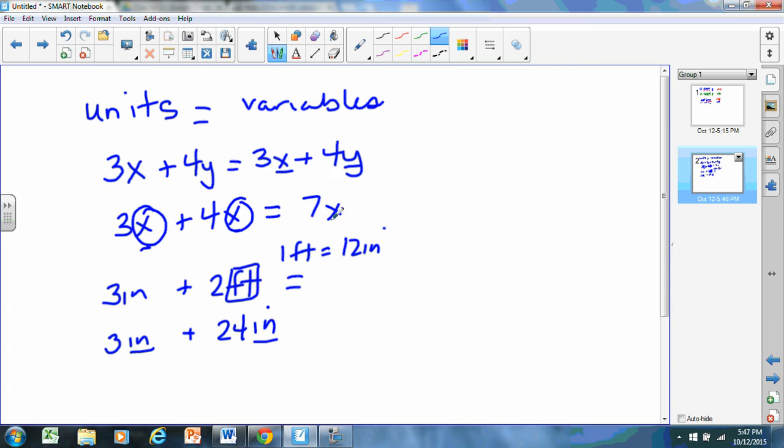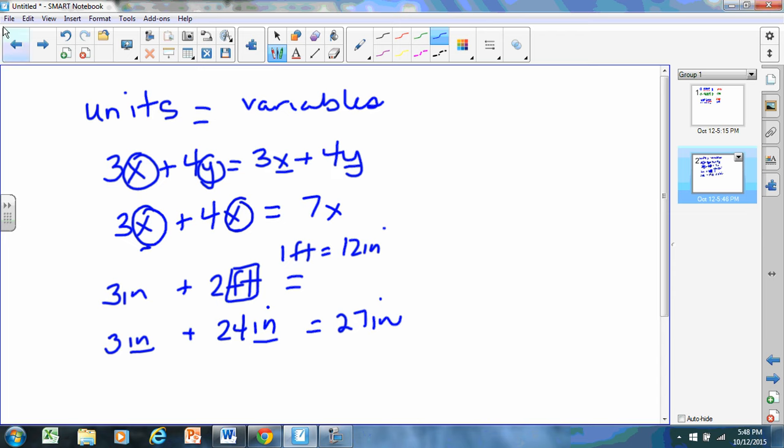If the variables are the same, you can add them. If the variables are not the same, you can't add them. In this case, you could add them. This is 27 inches. So the first thing I want to review with you is this: you can't add numbers in chemistry if the units aren't the same.